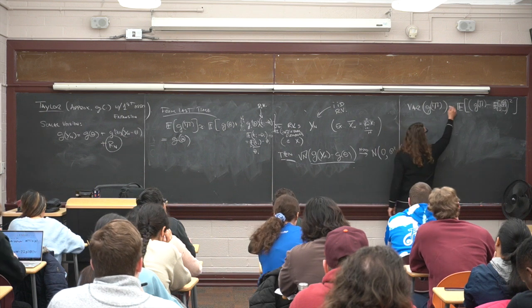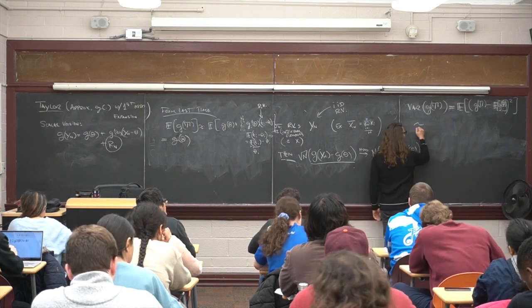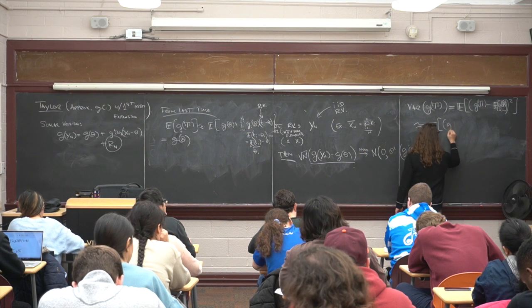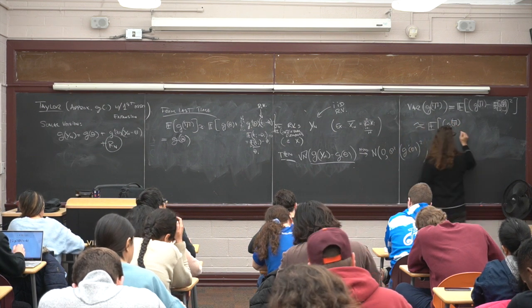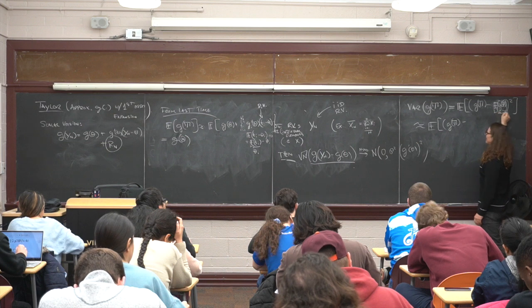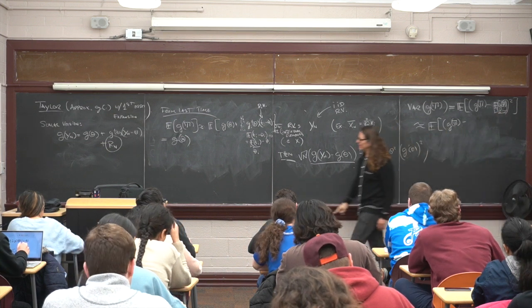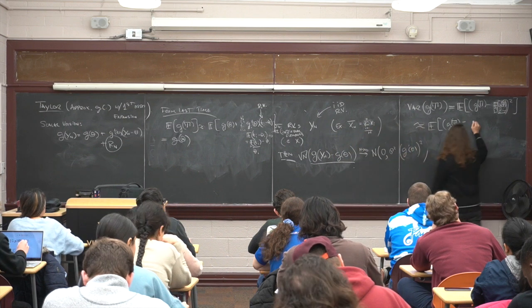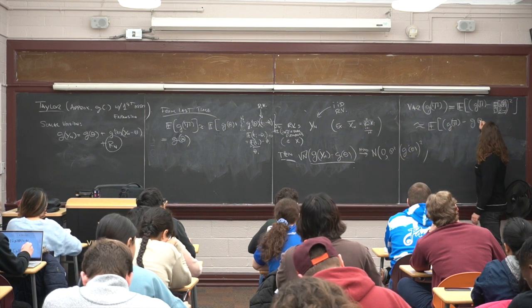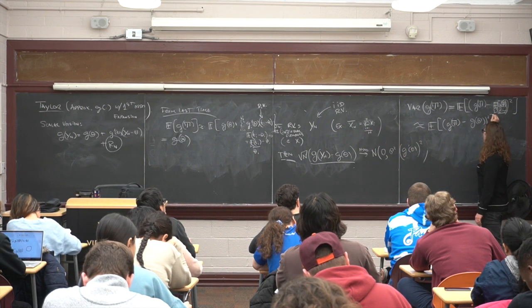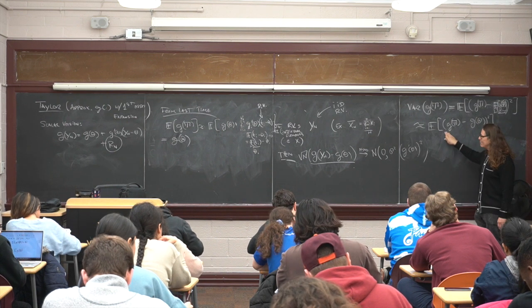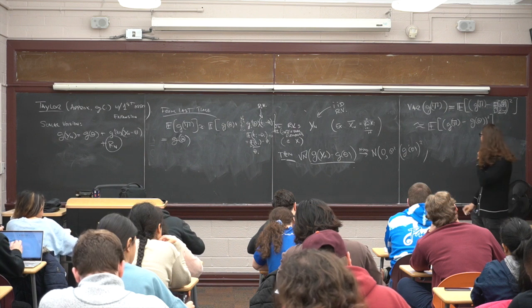So this thing is approximately the expectation of GT minus, I'll deal with this one here, we've already said something about that, G theta, squared. So already an approximation. Now I'm going to add my later approximation right here.